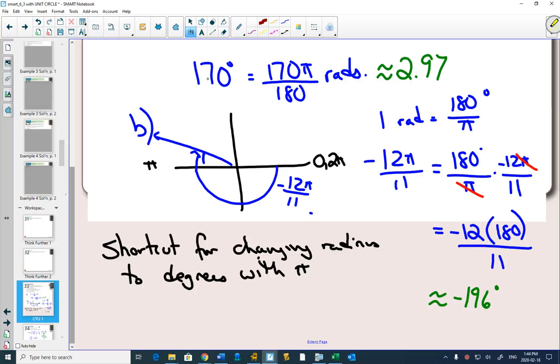Here's a pi, negative 12 pi over 11. And it happens to be equal to negative 12 times 180 over 11 after I simplify. I could just switch the pi to 180. Love my highlighters that are low on ink. Perfect.